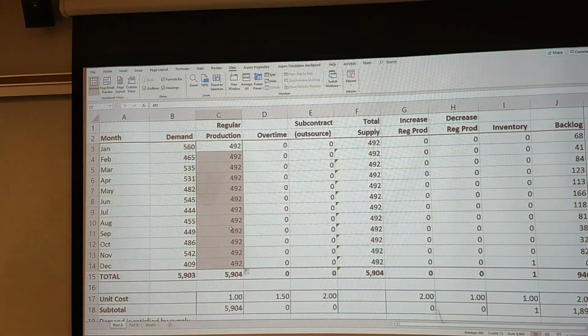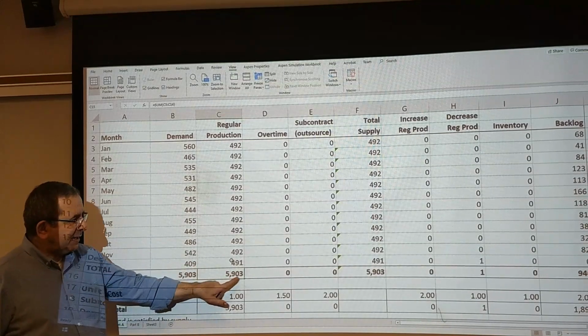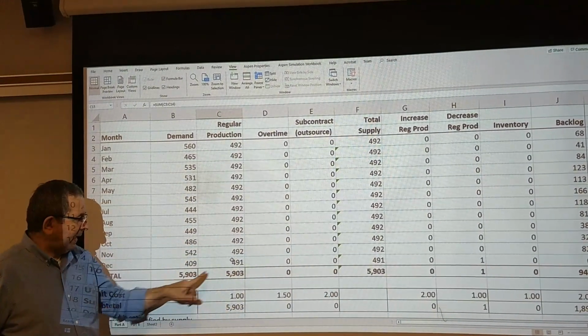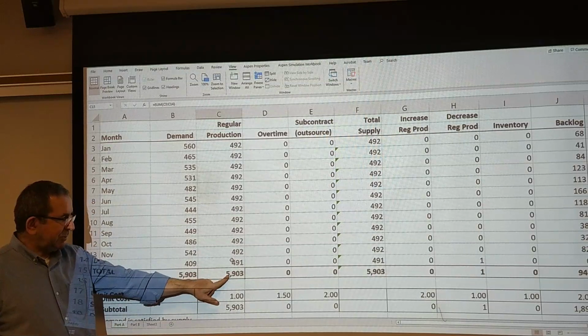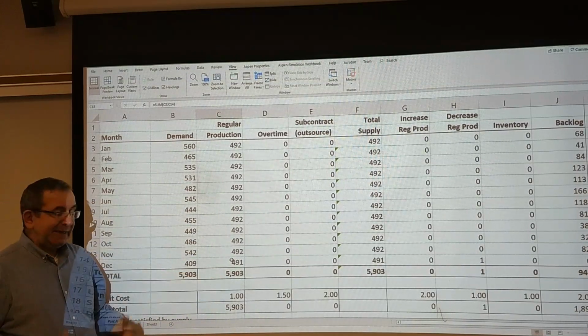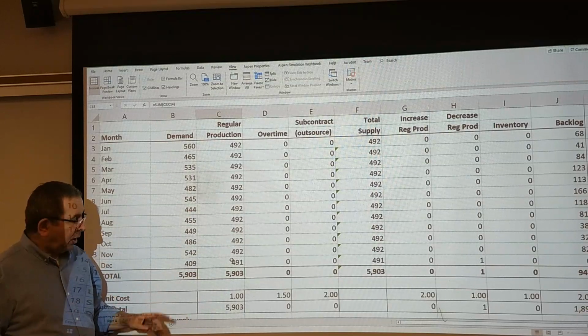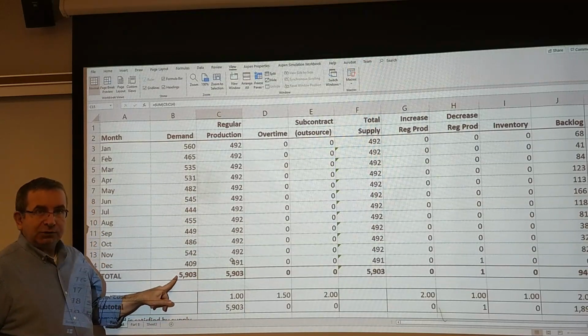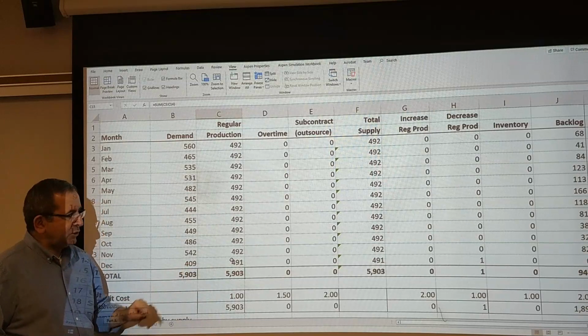So I'm going to come to December and produce 491. If I produce 491, I'll have exactly the same supply as demand. So this production plan is feasible because total supply meets total demand.